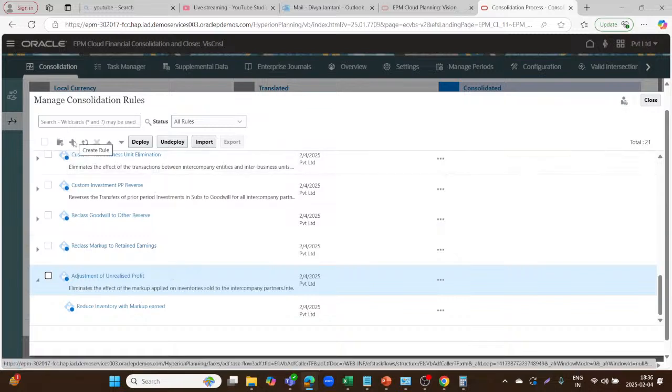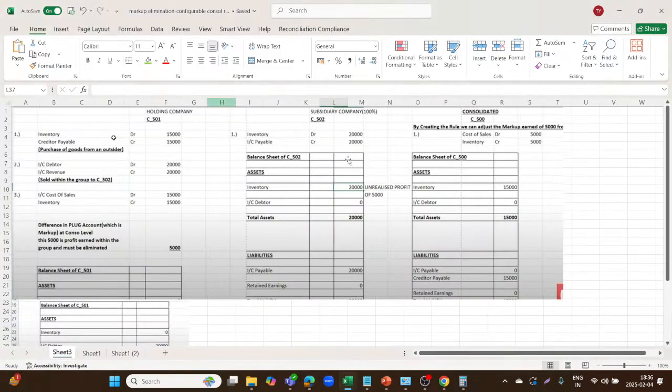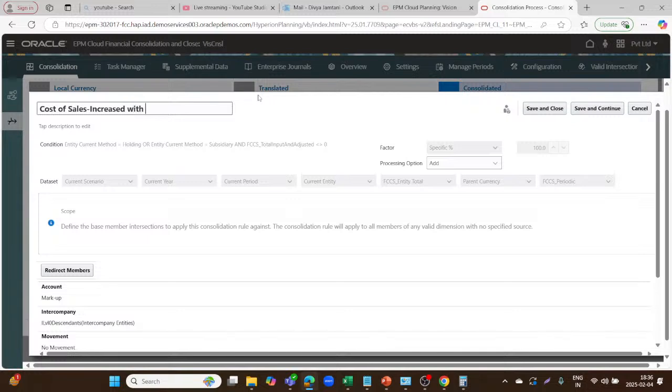Now we'll add one more to this adjustment of unrealized profit. So we have reduced the inventory with the markup earned. Now we'll write for cost of sales. So cost of sales should be increased with the markup. And here processing option, I won't subtract.